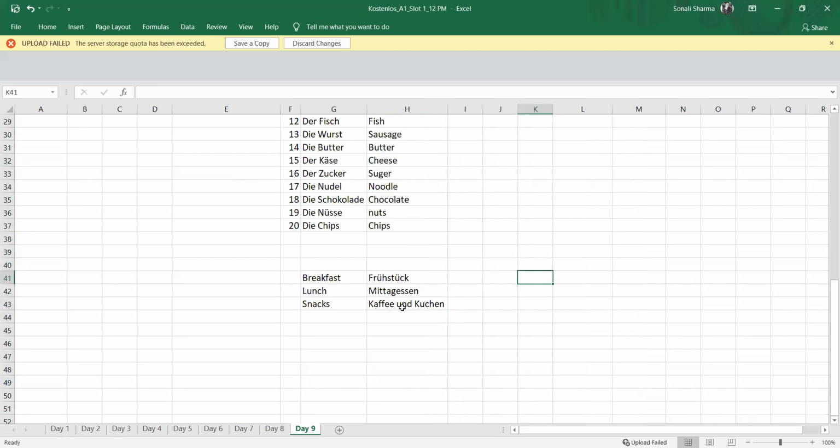The coffee is normal, but cake, yes, they eat cake every day, or they can eat pastries also. So that is Torte. So I will write this also. Die Torte, that is pastry.